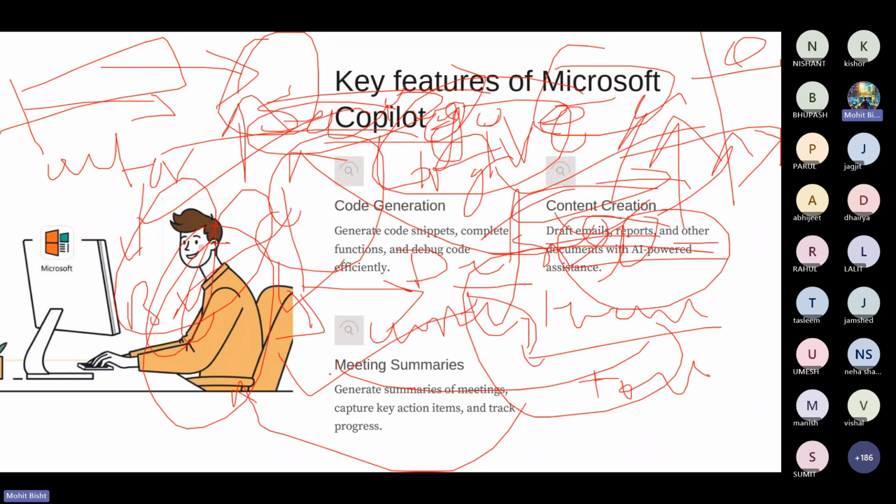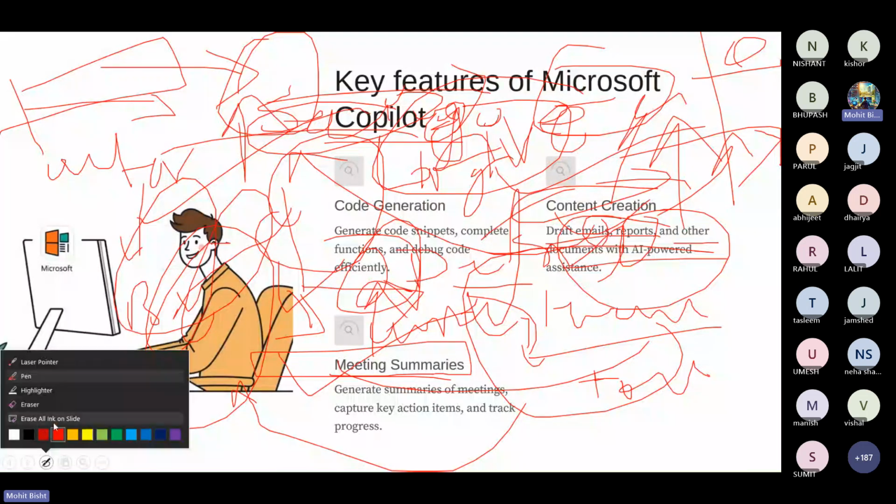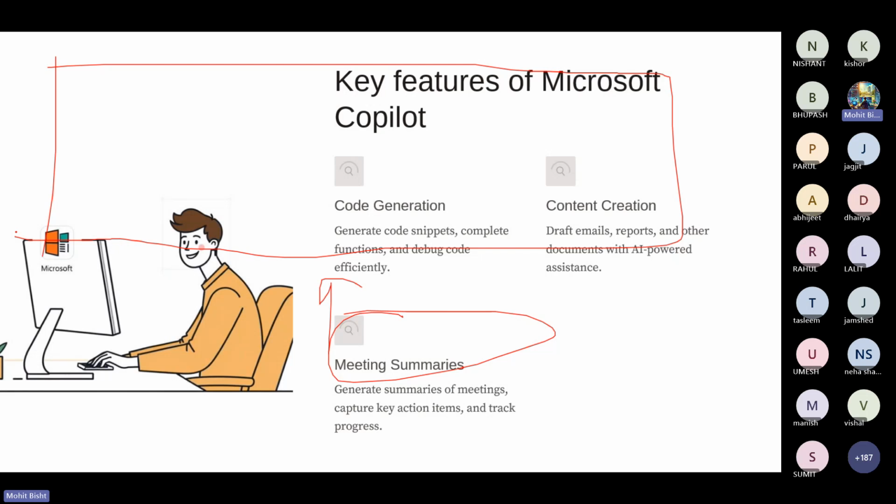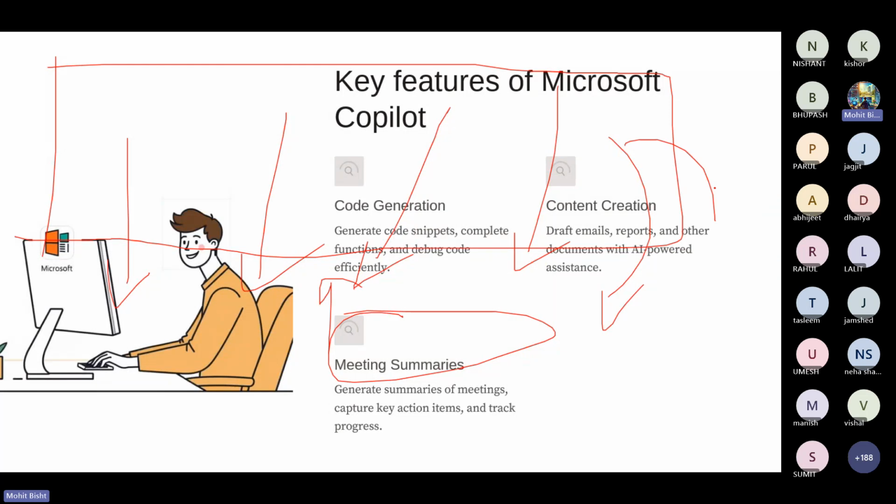The third could be meeting summaries. So there are three things in general, meeting summary I want to cover. So let me erase this and let's discuss what I was talking about. So meeting summary. Suppose I'm recording this meeting to send to Microsoft or to have this meeting record. In future, I can see how I delivered this talk, right?